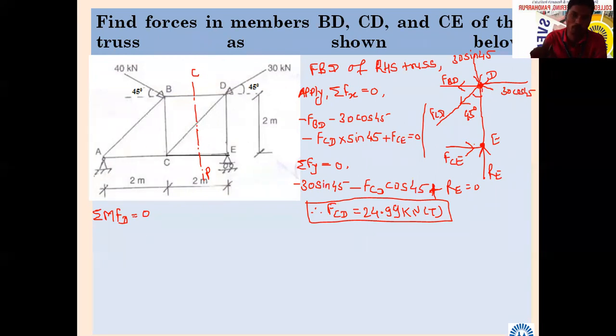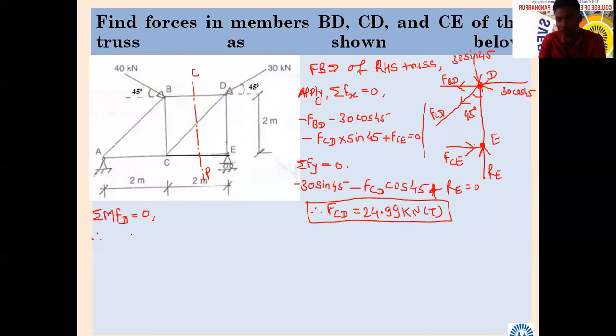So that we will get the value of force CE. Let us apply with respect to point D, because a number of forces are going to pass through point D. Summation of moment due to all the forces with respect to point D equal to 0. So what will be that? FCE.